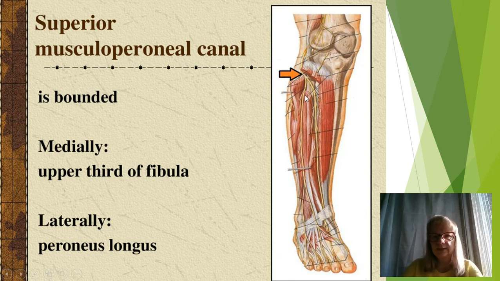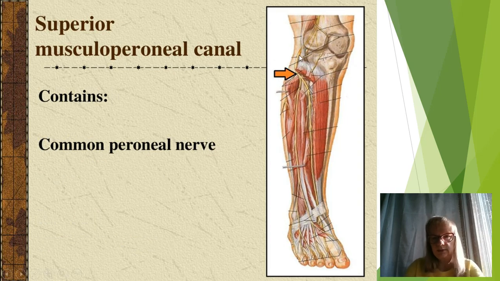On the anterolateral aspect, we continue to the superior musculoperoneal canal, this one. It is bounded by the upper one third of the fibula, this one, the middle border, and laterally we have the peroneus longus muscle.